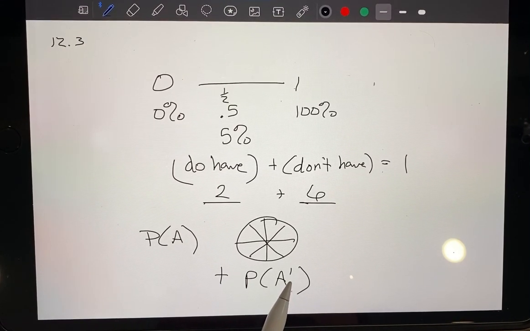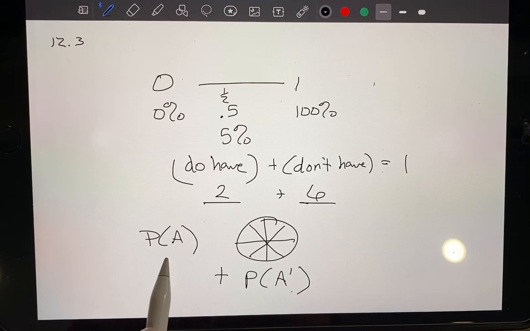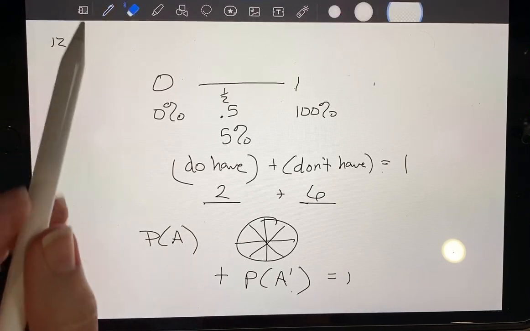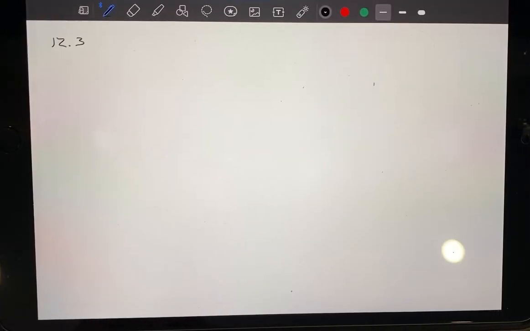We've seen it for inverse functions. We've seen it with inverse matrices. It just means it's the opposite. And so if this is how much we do have, then that's how much we don't have. And these amounts always have to add up to be 1. So those are a couple of the rules that we will be working with in our probability here in 12.3.